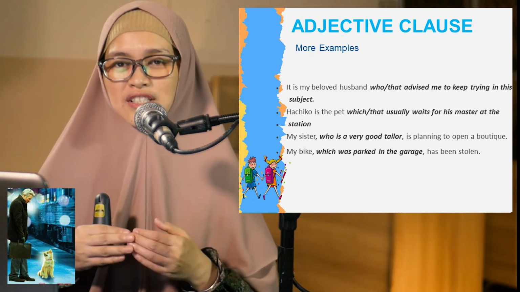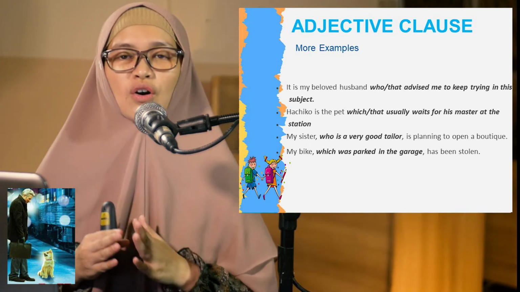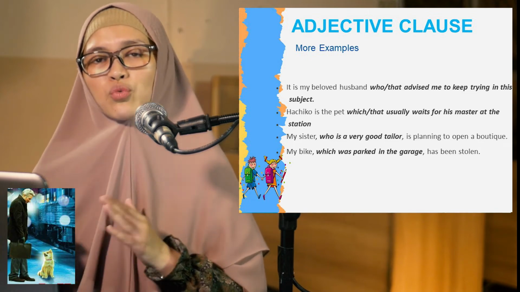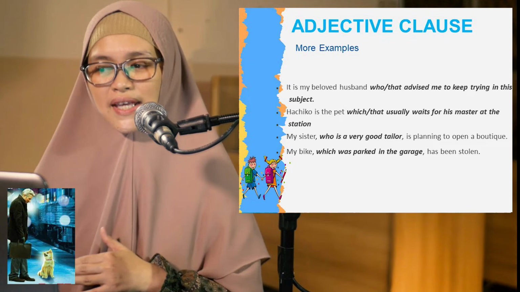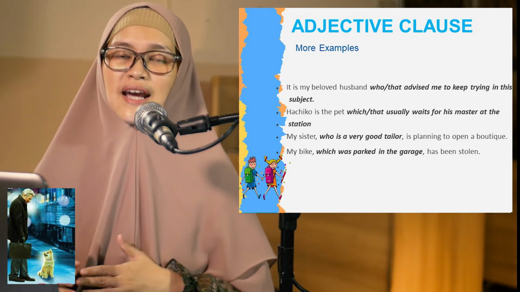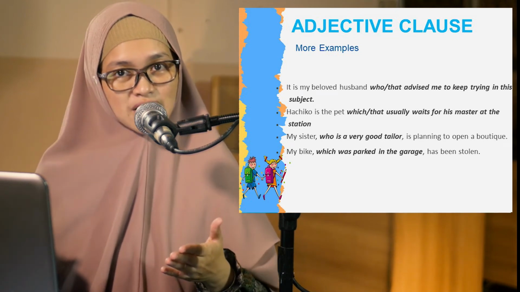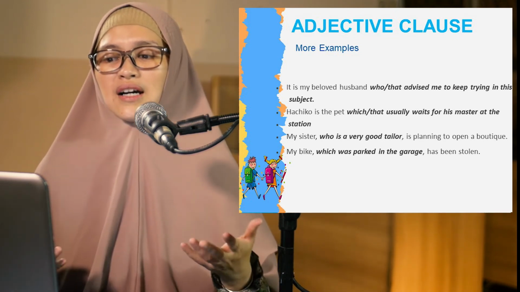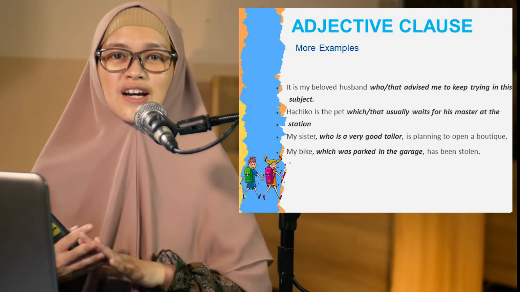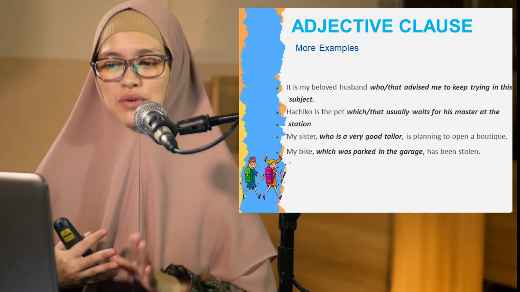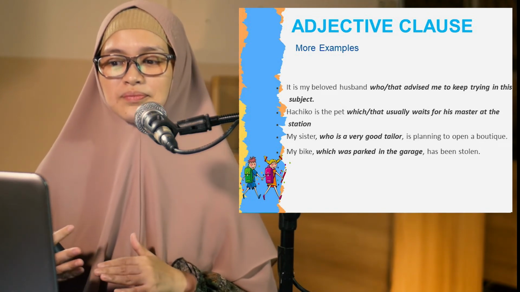We have already known Hachiko, which usually waits for his master at the station. Not who, because it is a non-human noun. We use which, or we can replace it with that.